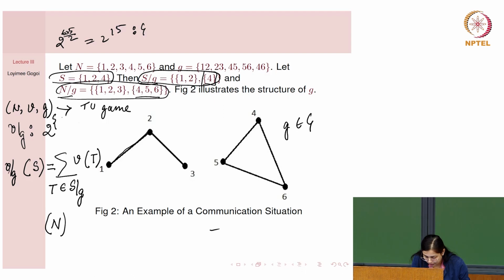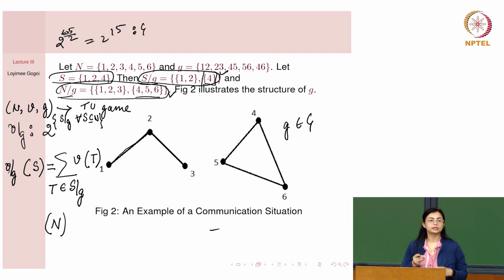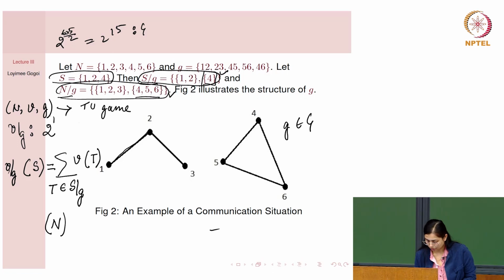It will be S over Z for all S subset of N. Can you imagine what the domain will be here? For this particular graph, we have this kind of collection of coalitions for all S. It will be 2 to the power n.